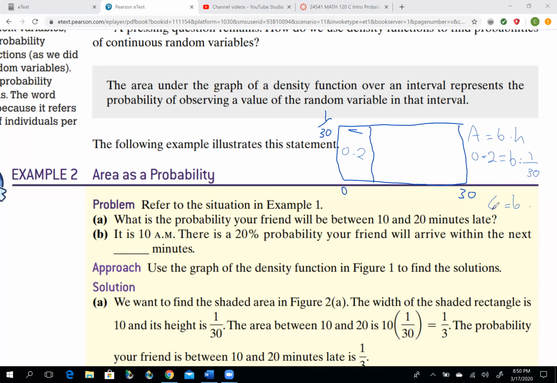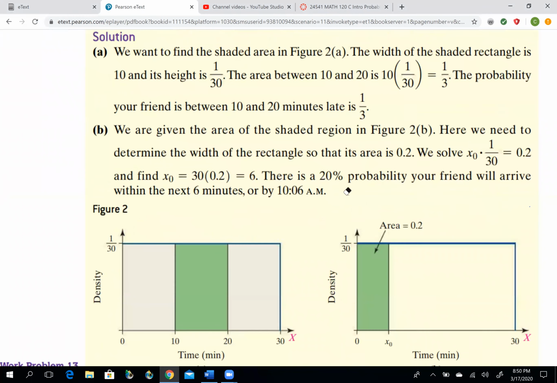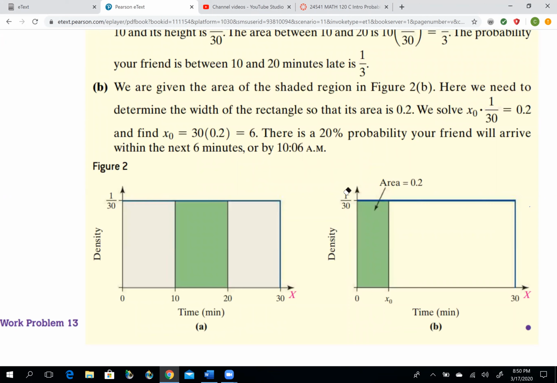Let me erase this again. I'm going to show you the actual problem so you guys can see it. Again, guys, you see that this rectangle is 20%, the area is 20%, 0.2.